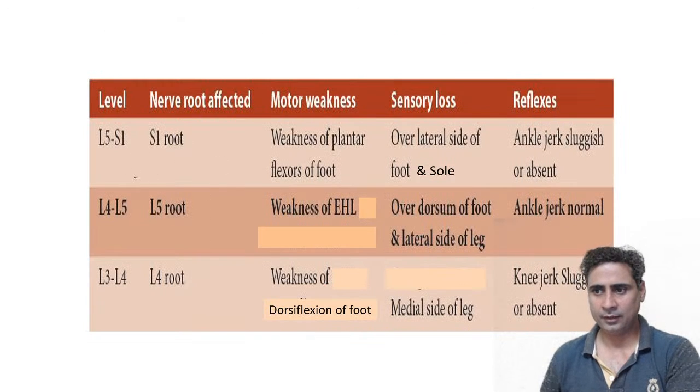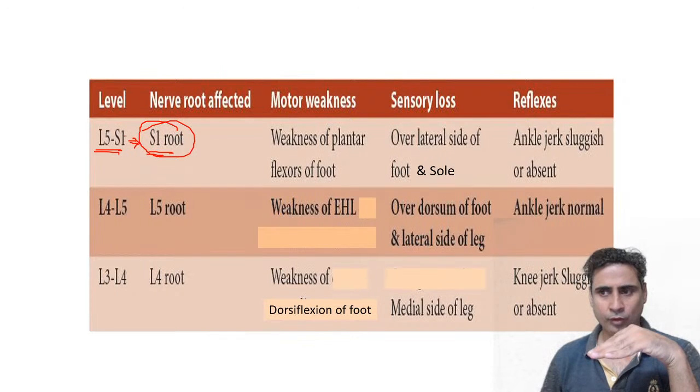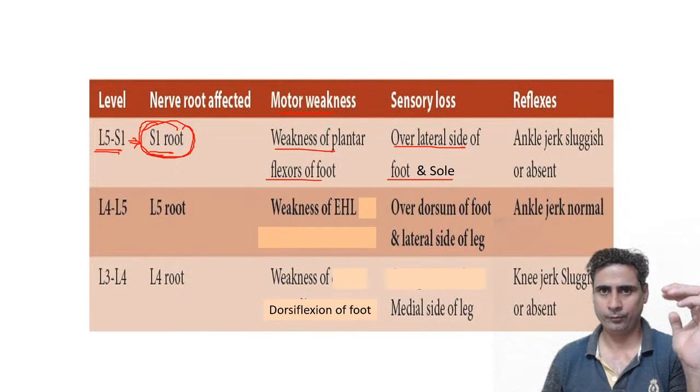We have discussed that at the L5-S1 level, the traversing nerve root is S1. So L5-S1 intervertebral disc prolapse will compress the S1 root, which is the major nerve root for plantar flexion of the foot. So if this nerve root is compressed, the muscle weakness will be of plantar flexion of the foot. There will be sensory loss over the lateral side of the foot and on the sole.